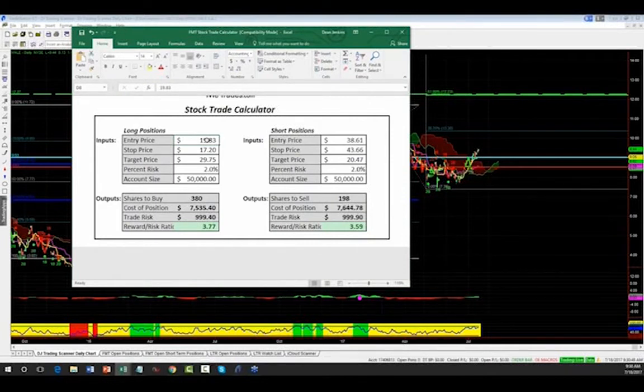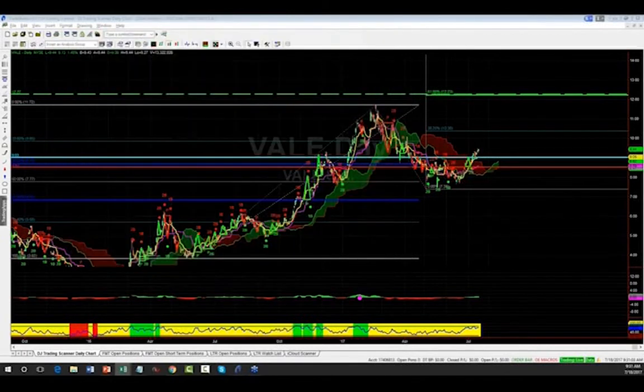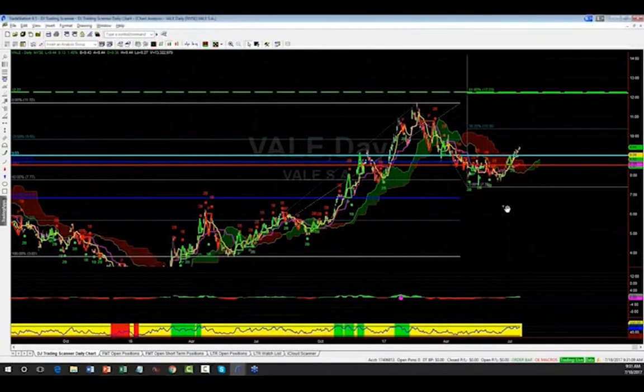So current price 9.44, stop price 8.53, target 12.27. Still got a 3.11 to 1 reward to risk ratio on this trade, so that's definitely still a go for me. So a new position, if I weren't in it now, I'd get in it now. Of course, whether you do or not, it's your choice. You assume the risk for it. Any trade can fail. All trading involves risk.